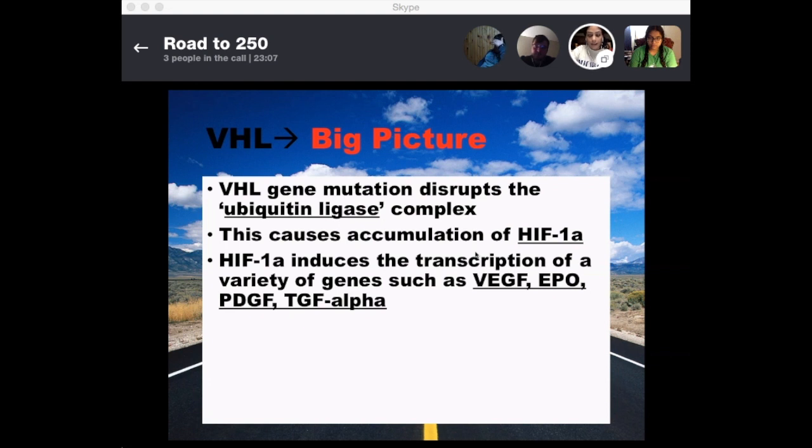And so hypoxia-inducible factor induces the transcription of a variety of genes such as VEGF, EPO, platelet-derived growth factor, and TGF-alpha, resulting in angiogenesis, because we're inducing this hypoxic state, and so the body is going to have a response of angiogenesis. So that's the big picture.